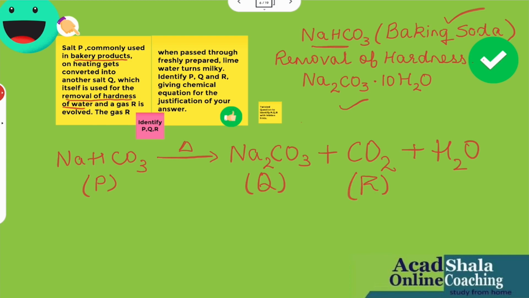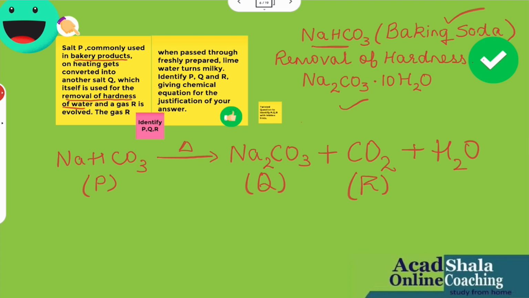Got it, children? Okay. After this, they said the gas R, when passed through freshly prepared lime water, turns milky. Now, what we have to do is take this gas and pass it through freshly prepared lime water. One more thing you have to see: what is the formula of lime water?